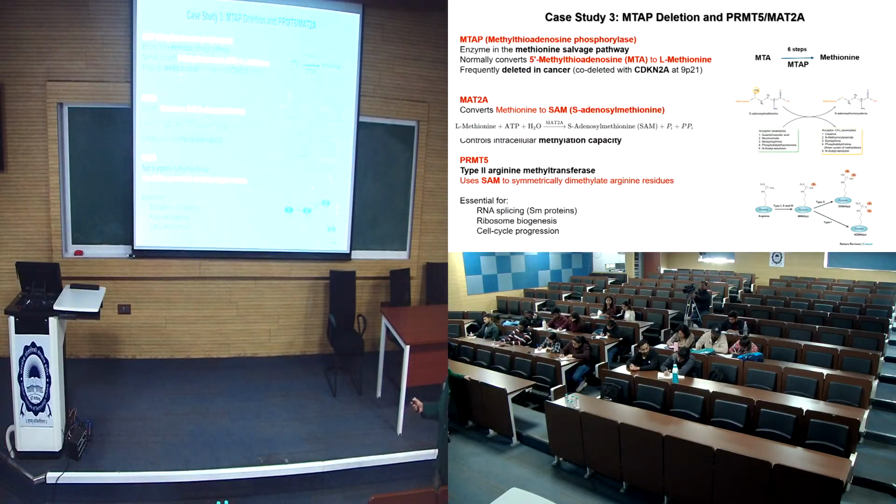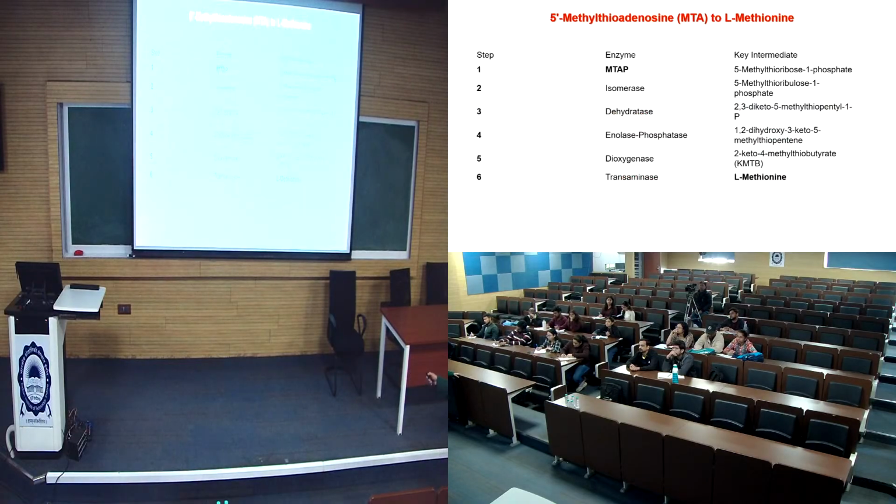Okay. So this enzyme MTAP is involved in the methionine salvage pathway. That means it is involved in the synthesis of methionine. And this is MTA, 5-methylthioadenosine. It is converted to methionine in 6 steps. You don't have to remember the 6 steps. I have shown the 6 steps here.